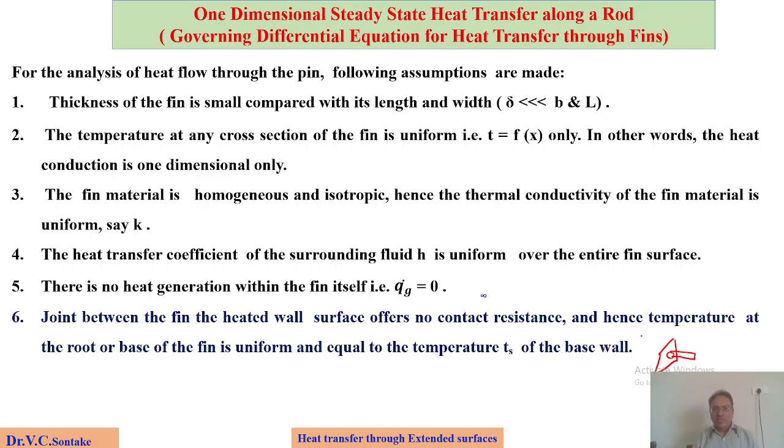So this thermal contact resistance will be zero. And what will be the consequence of this assumption? The base surface temperature Ts and the temperature of the fin at the root will be the same, and that is equal to Ts.